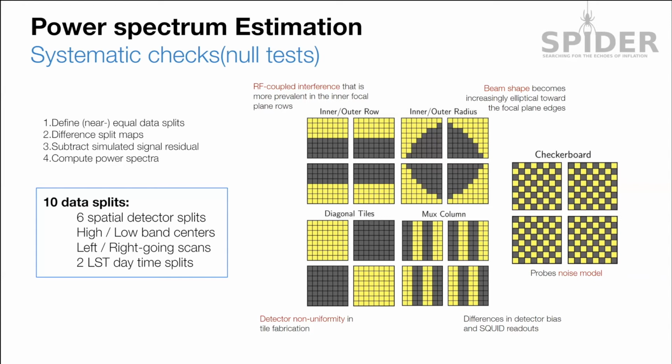I'll take one for example. We do the inner outer radius null test because the beam shape would become more elliptical towards the edges. So this null test can probe that systematic effect. I will be showing 3 null test results from the 95 gigahertz data as an example here.